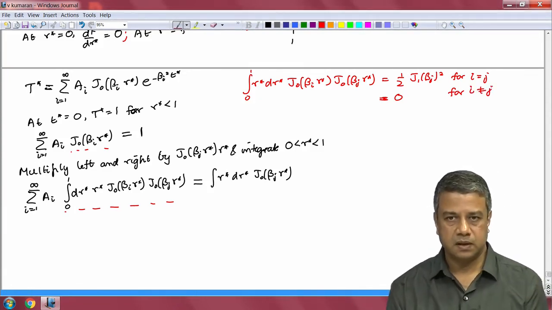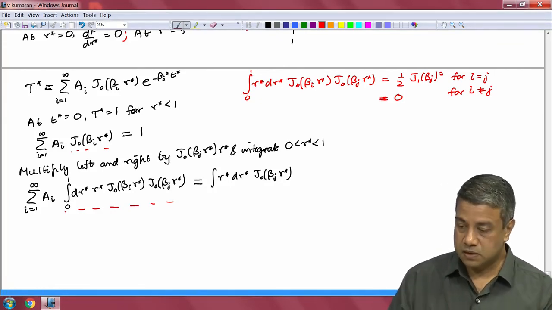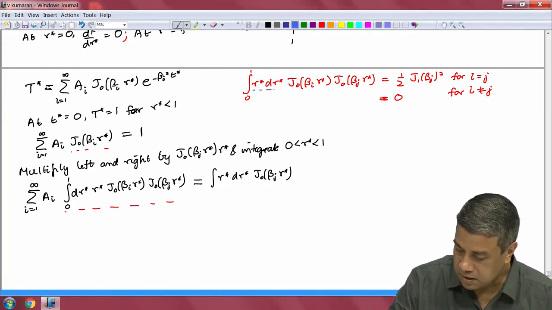This satisfies an orthogonality relation when it is multiplied by r dr and integrated.